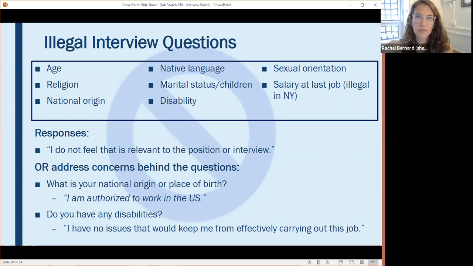If it's about your national origin or citizenship, you can just say, "I am authorized to work in the United States." Similarly, if they ask whether you have a disability, they're probably wondering whether you can perform this job, so address that instead: "I have no issues that would keep me from effectively carrying out this job." It's not common to be asked these questions, but it's good to be prepared and know what is not appropriate to be asked.